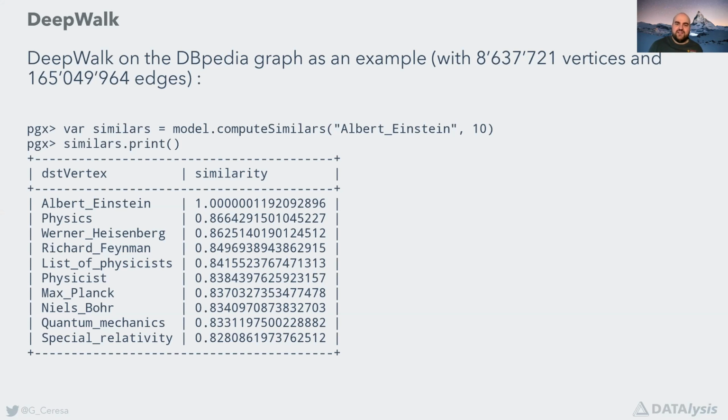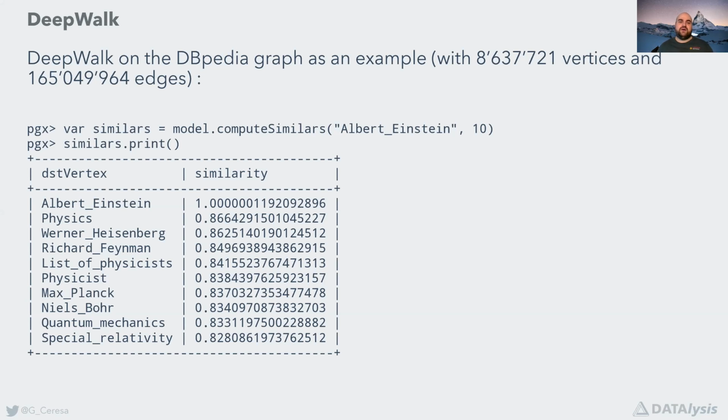Say, which other page looks like Albert Einstein? So with a similarity of 1, it's like 100%, it's Einstein himself. Once again, there is nobody else that looks like me as myself. So it's normal that the first result is himself. And then there is a page about physics, which looks quite similar to Einstein. As far as I remember, Einstein did physics things.